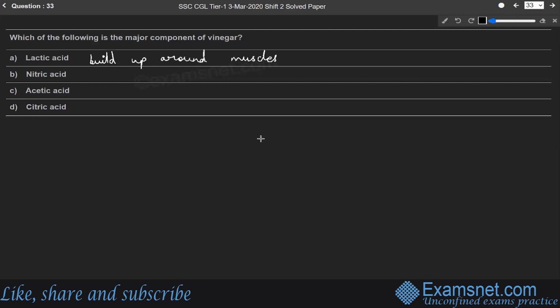Second is nitric acid. Nitric acid is used for fertilizers and it is used in the production of ammonium nitrate, which is used for fertilizers. Next is acetic acid. Acetic acid is generally a component of vinegar.